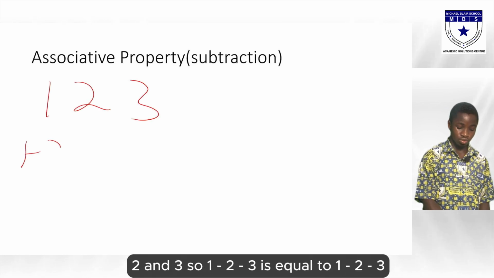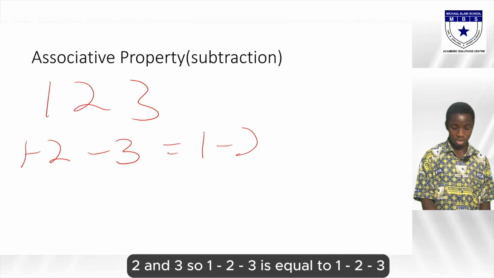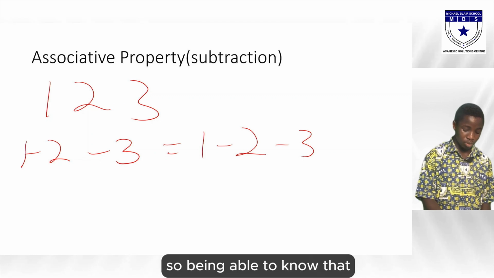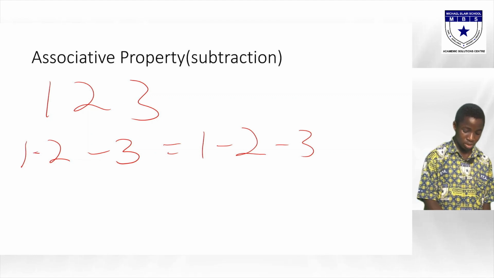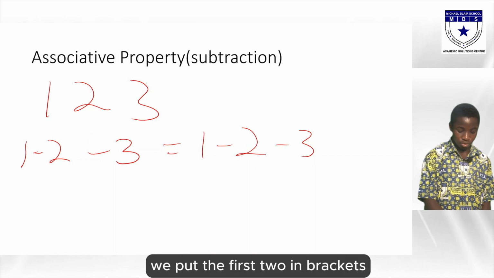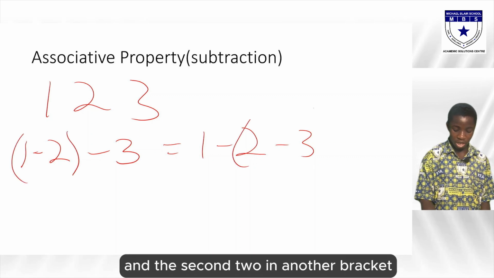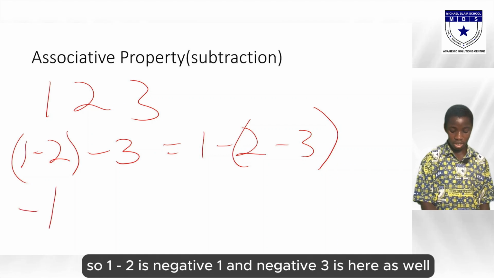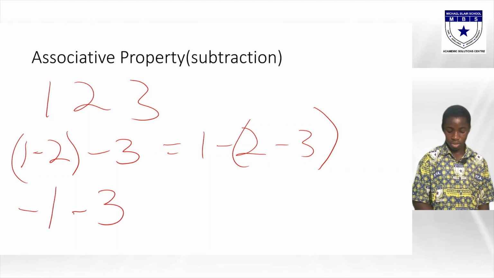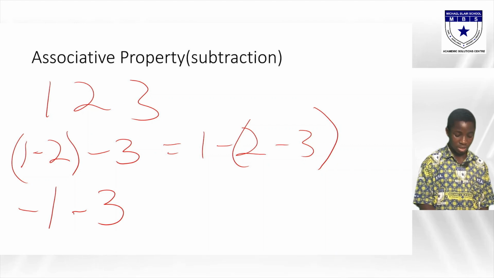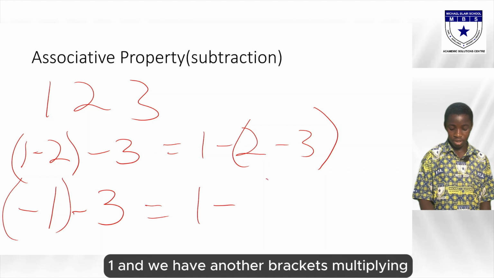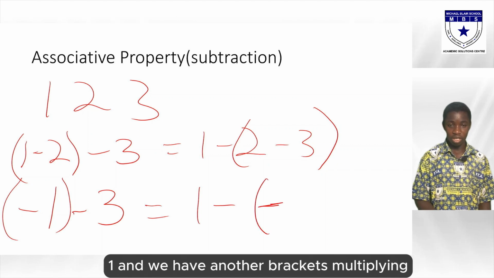Let's try another example with the elements 1, 2, and 3. So 1 minus 2 minus 3 is equal to 1 minus 2 minus 3. We put the first two in brackets and the second two in another bracket. So 1 minus 2 is -1, and -3 is here as well. Don't forget it is in a bracket, so it is multiplying 1, and we have another bracket multiplying.